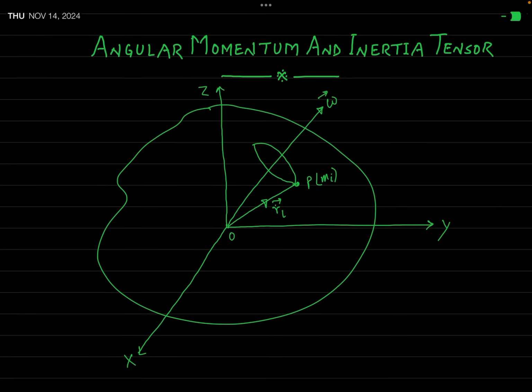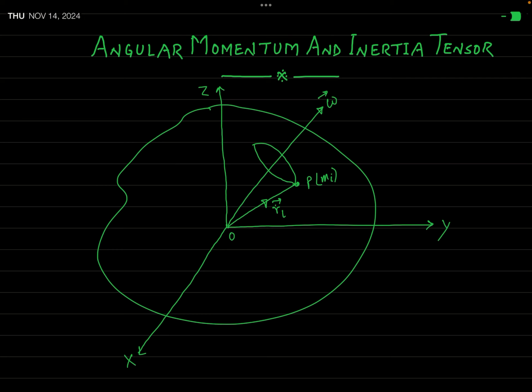In today's lecture, we are going to see a very important concept of inertia tensor in case of mechanics of rigid bodies. But actually, to develop the concept of inertia tensor or moment of inertia tensor, first of all, you have to see how we can define the angular momentum of a rigid body rotating about a fixed point or rotating about an axis.